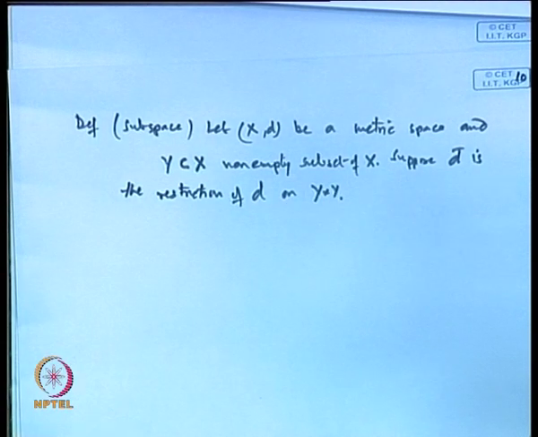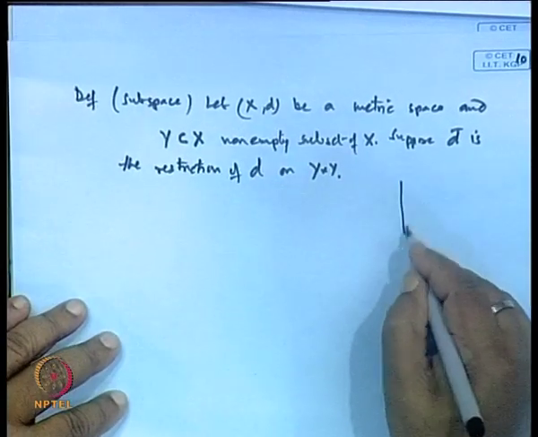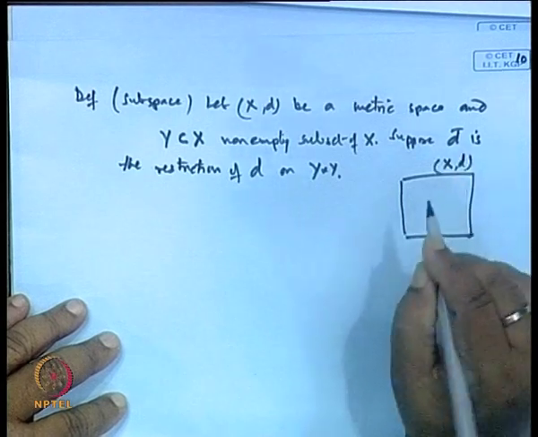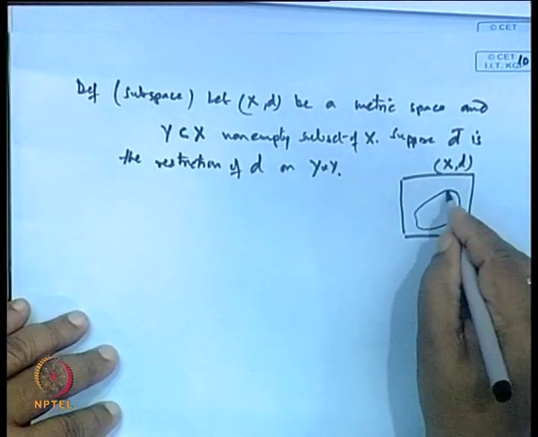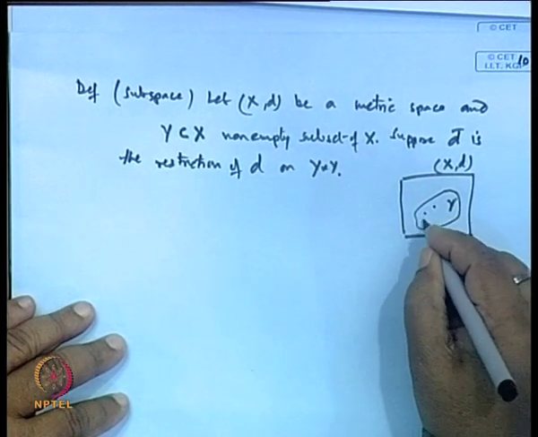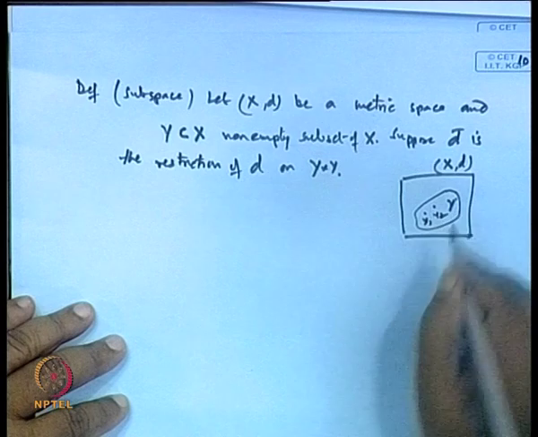What is the meaning of restriction? This is our metric space x, d, d is a distance function and y is a non-empty subset of this. So, here the elements of y are, say, y 1, y 2, like this.